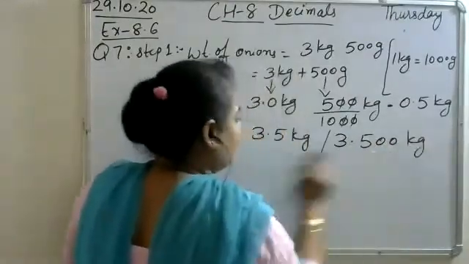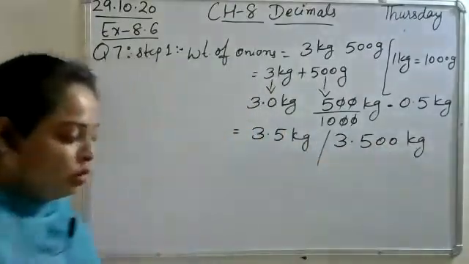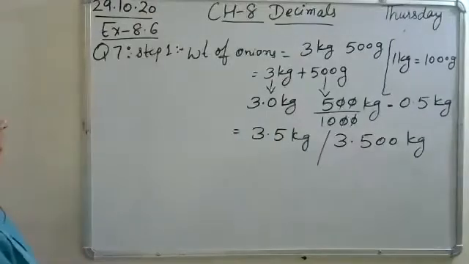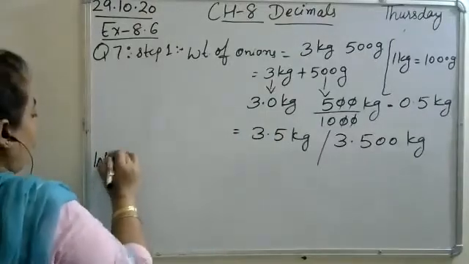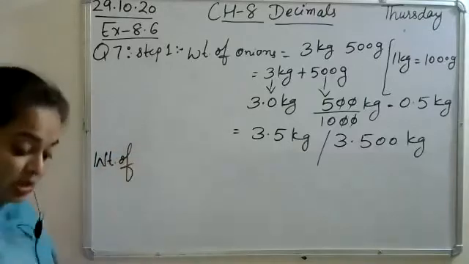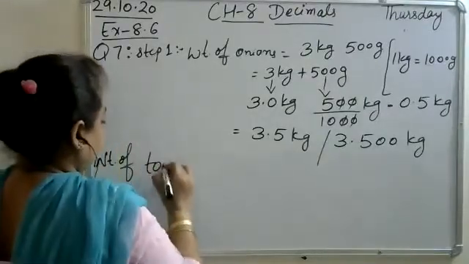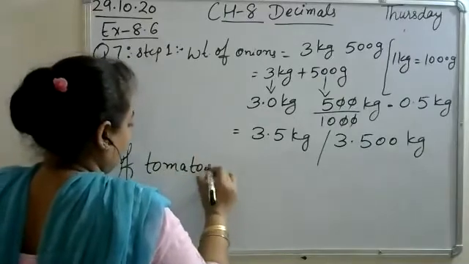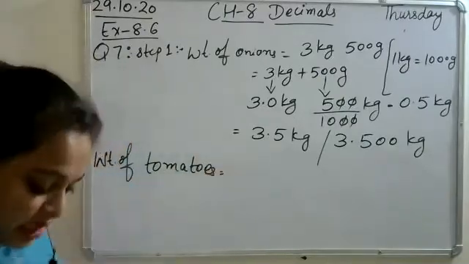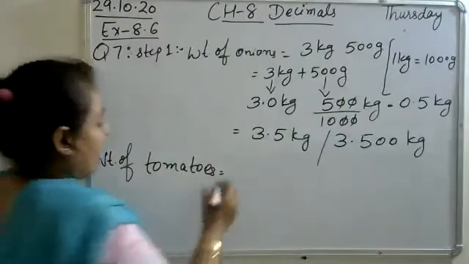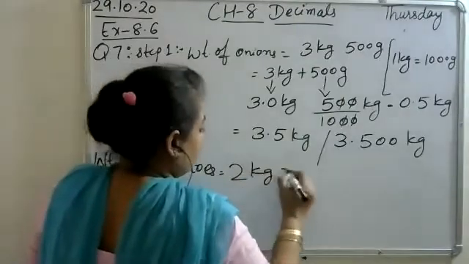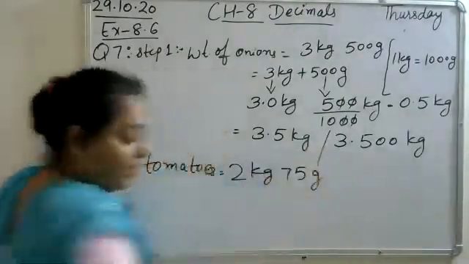Both are the same thing. Both are correct. After that, weight of tomatoes is equal to 2 kilogram 75 gram.